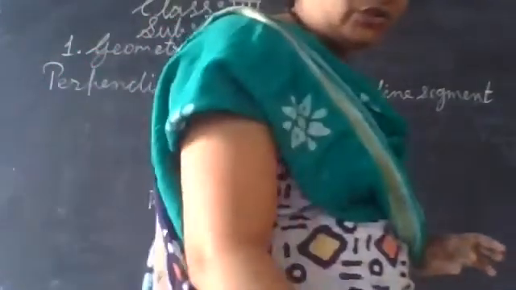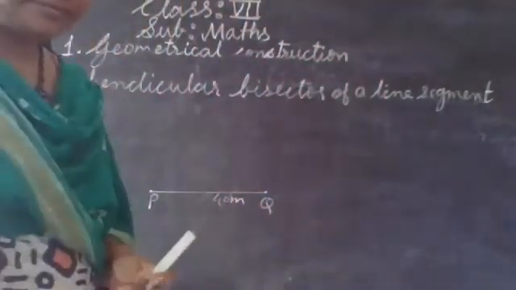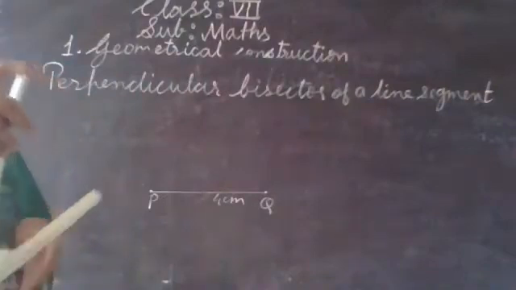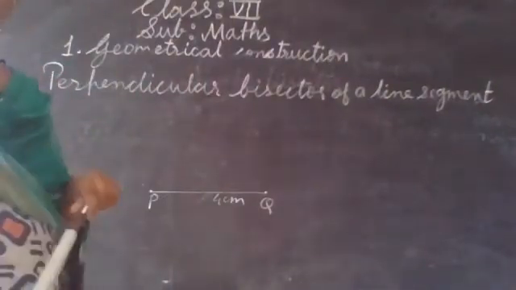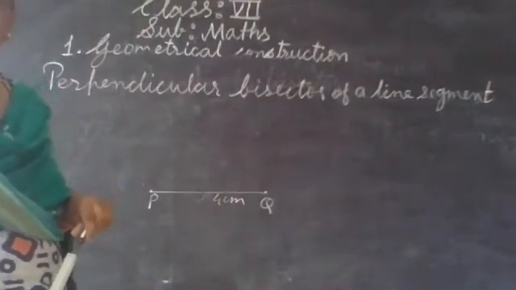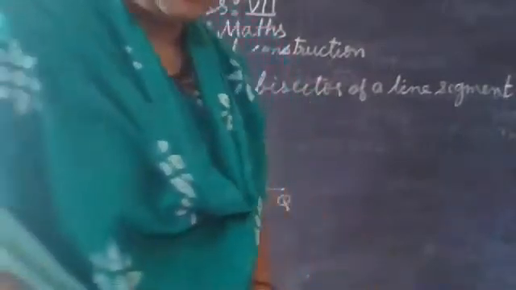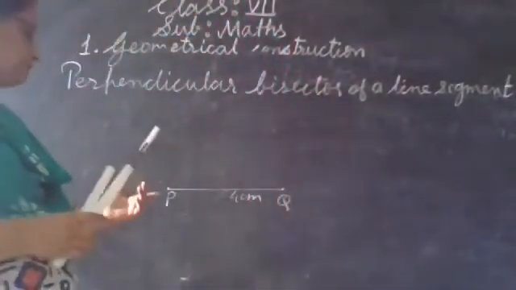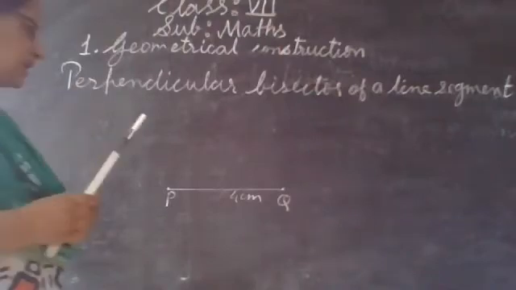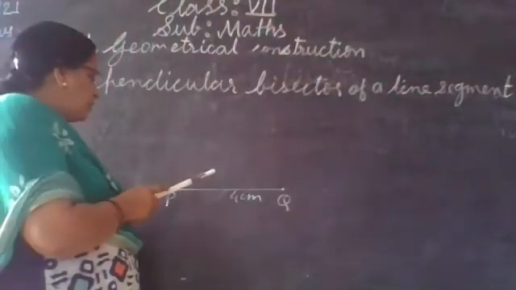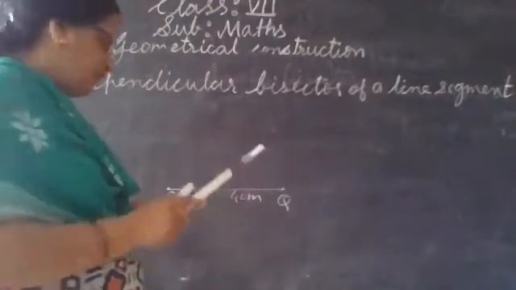So again, we will use the compass. See, for that, beta, PQ is a 4 centimeter long line segment. Okay. So place your pointer on any point and take the distance more than half.